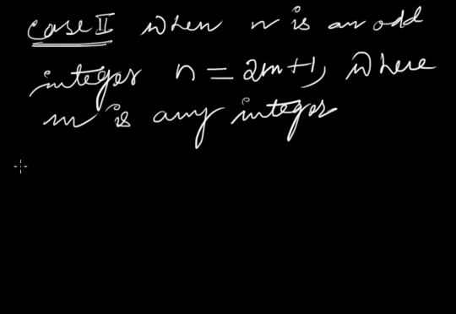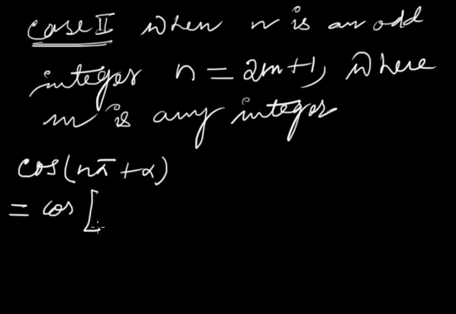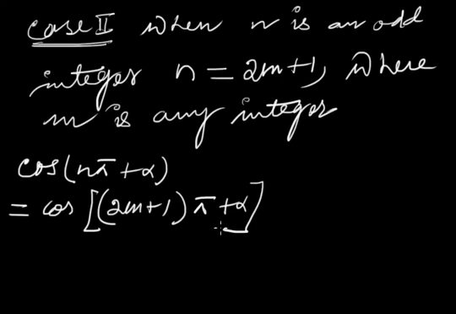And here cos(nπ + α) gives cos((2m + 1)π + α). If we consider the value of m to be 1, then the resultant value will be 3π.